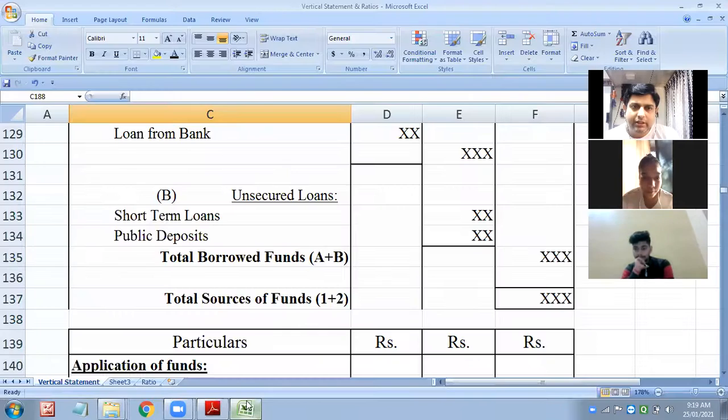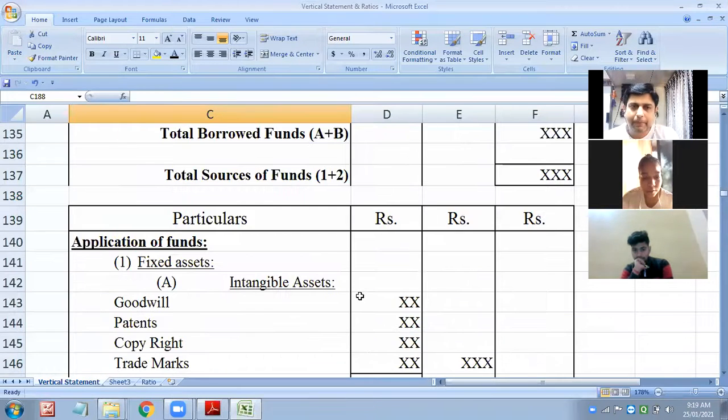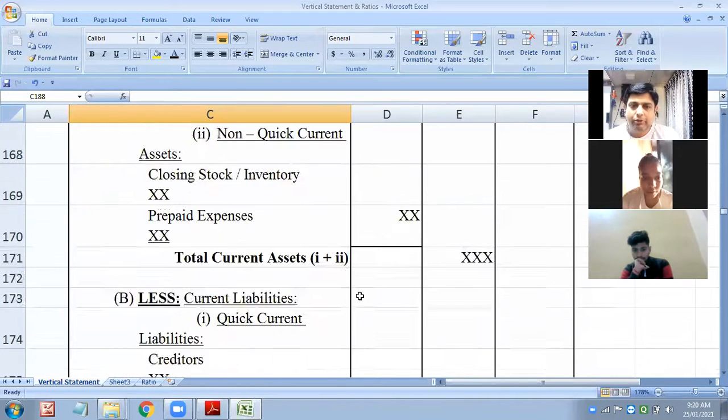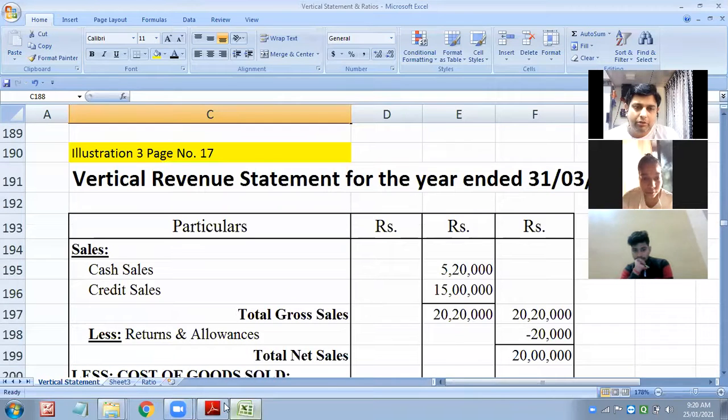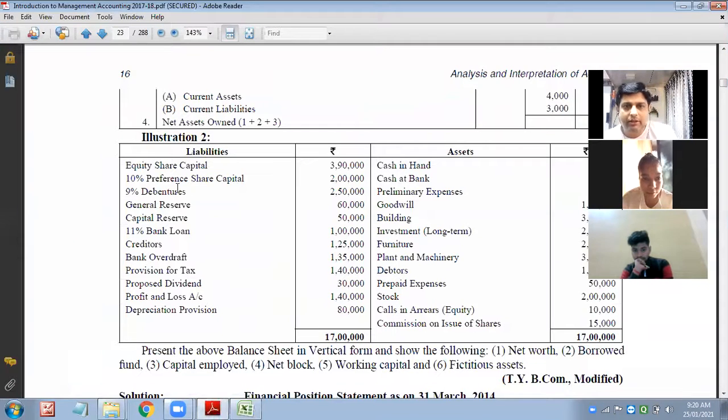All these answers we can easily get from our vertical statement if we transform our horizontal form into vertical form. So we will do this question. You have to get me the answer.